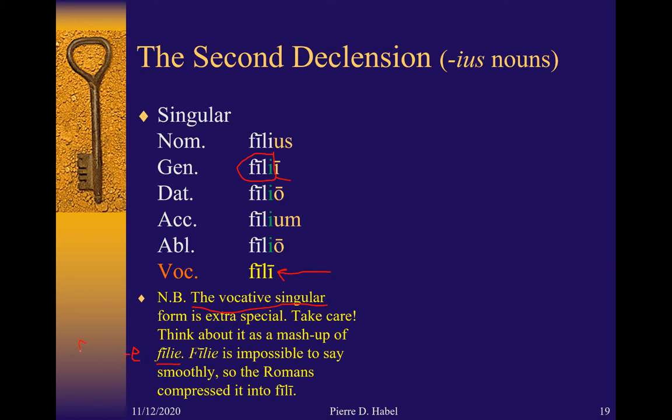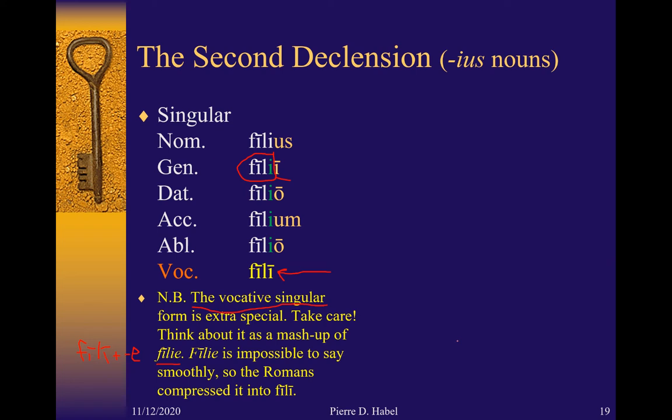If we add it to the stem for filius, which is fili, if we add those together, filia, we get something that the Romans found really, really hard to say.